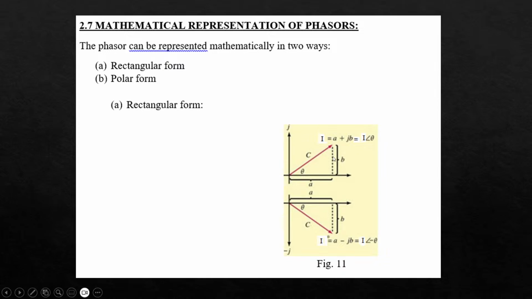The angular velocity should be such that it completes one revolution in the same time it takes the AC to complete one cycle. So theta is equal to omega t.